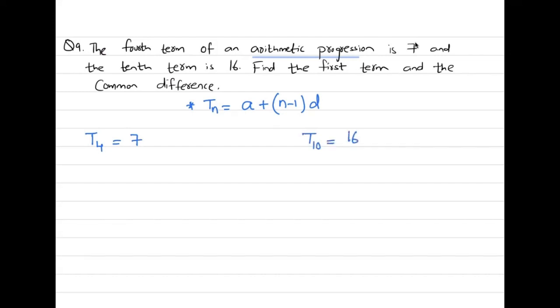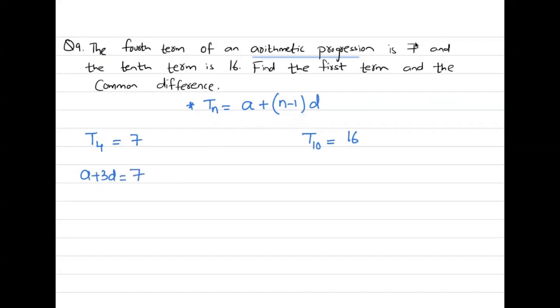Can you tell me what is going to be the fourth term in terms of A and D? If n value is 4, T4 is going to be equal to A plus 3D. Good. So A plus 3D is my fourth term.